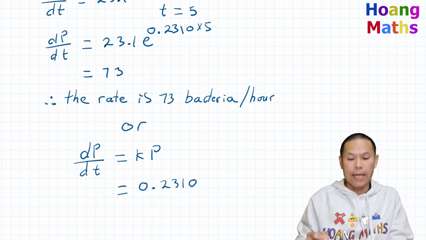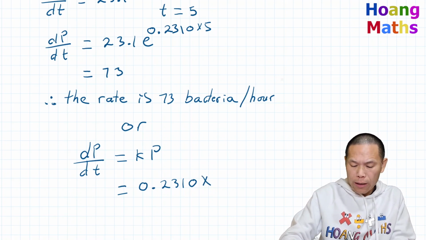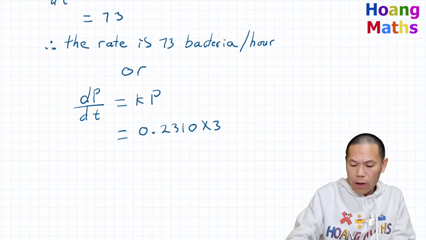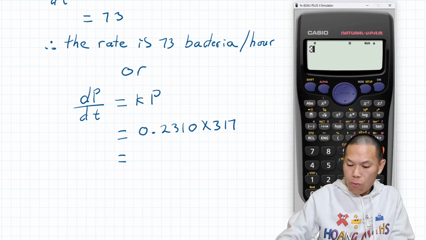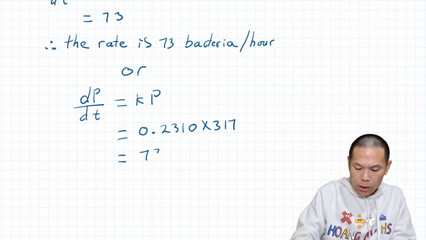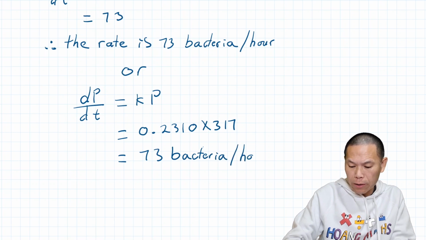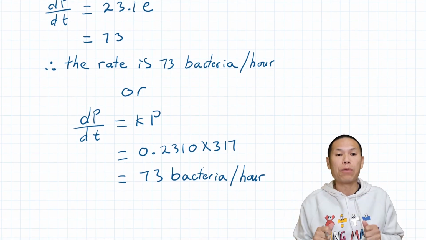So we times P when t is equal to 5, that is 317 times 0.231. So there you go, 73 bacteria per hour. You can use either method. Keep that in mind.